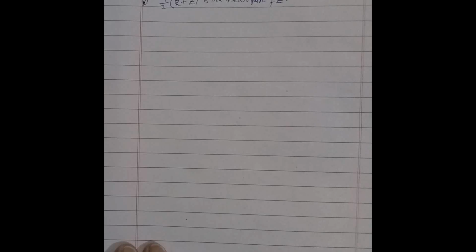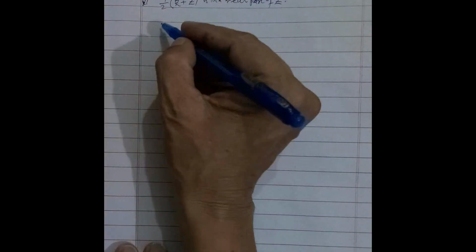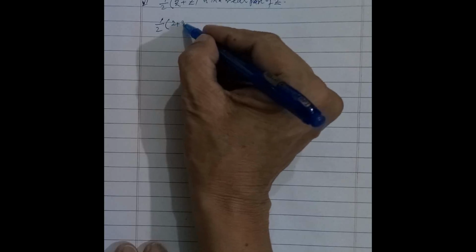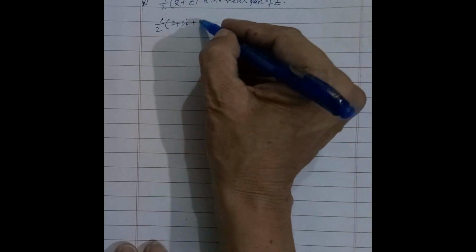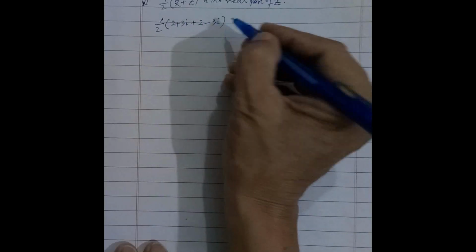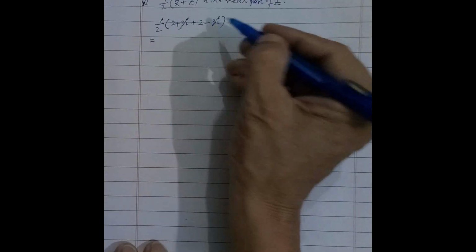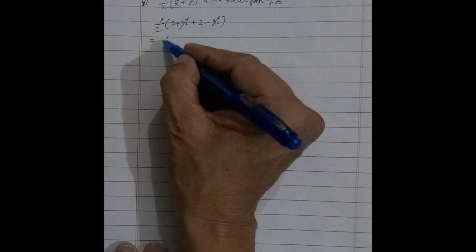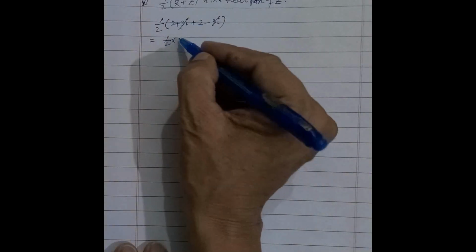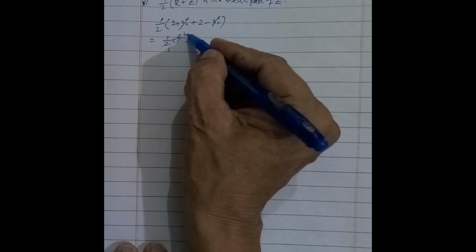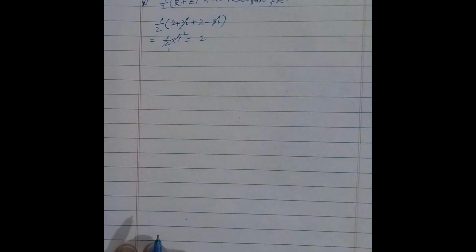We put the values of z and z bar in the question. We get 1 over 2 into 2 plus 3 iota plus z bar, which is 2 minus 3 iota. Now we simplify them. Plus 3 iota cancels with minus 3 iota, we have 1 over 2 multiplied by 2 plus 2, which is 4. 2 ones are 2, 2 twos are 4. The answer is 2, so it is the real part of z.